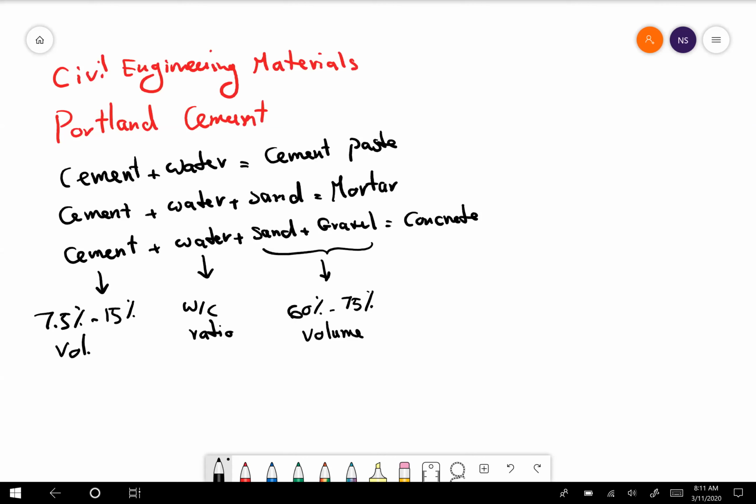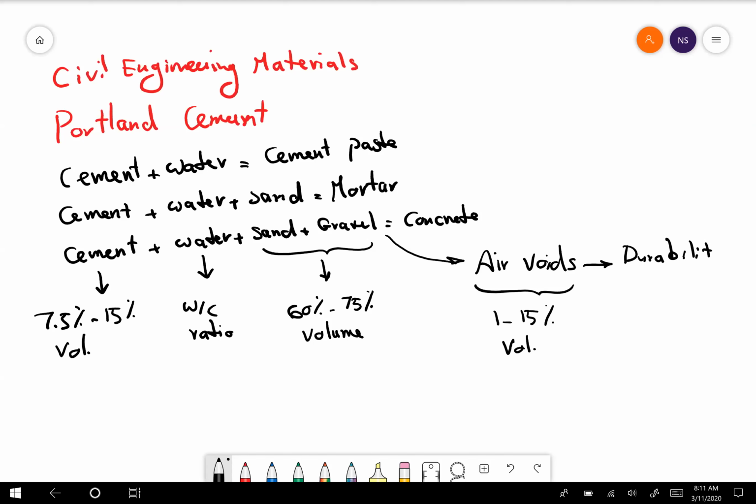And then there's one other component that is air voids, which is about 1 to 15% by volume. And we are considering air voids in the mix because we said that this affects the durability of the concrete, and we definitely want to have air voids.